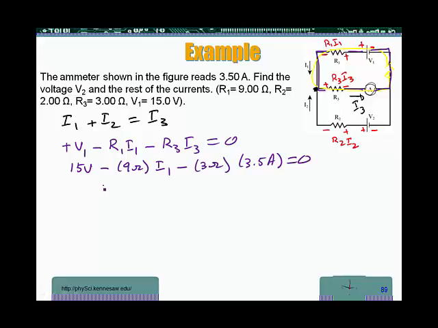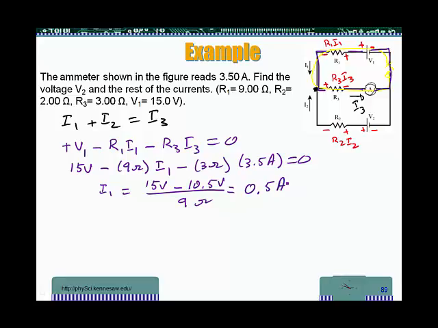So we should be able to solve for I1 here, which is going to be 15 volts minus 3 times 3.5, that's 10.5 volts, I believe, over 9 ohms. The answer is 0.5 amps.